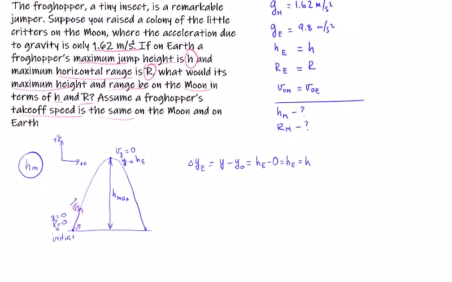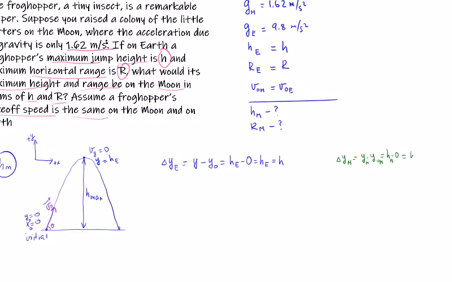Well, similarly, we can write for the Moon. Delta y on the Moon equals y minus y naught on the Moon. That equals h on the Moon minus 0, and that equals h on the Moon.